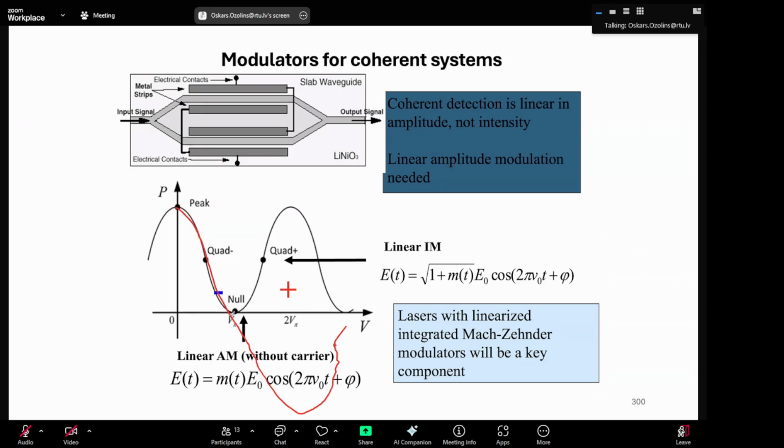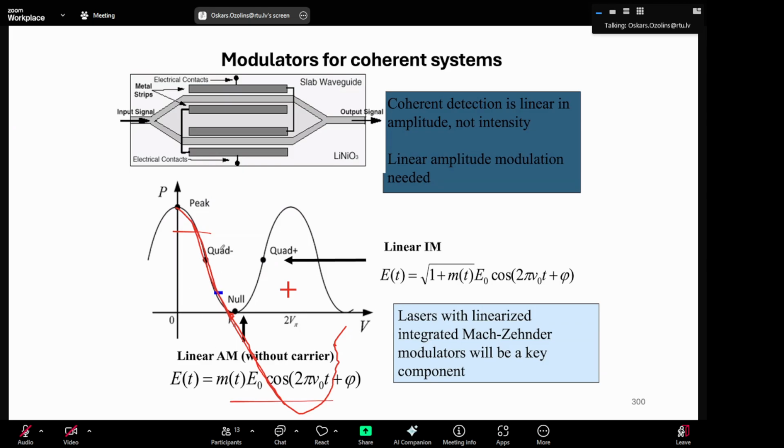So when you perform modulation, it's linear in amplitude. You choose this bias point, and then you modulate the signal in amplitude using this linear regime.